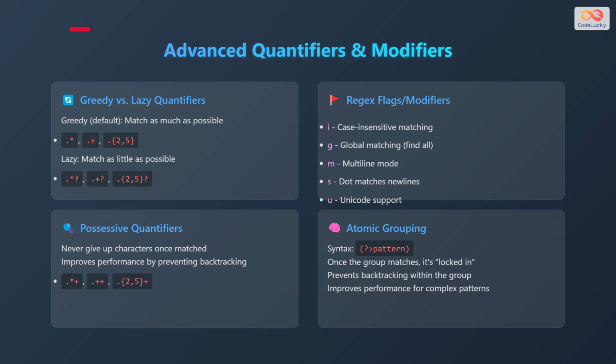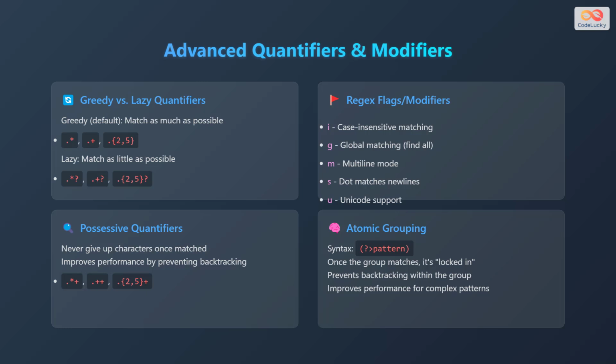Examples include .*?, .+?, and .{2,5}?. Possessive quantifiers never give up characters once matched. This improves performance by preventing backtracking. Examples include .*+, .++, and .{2,5}+.